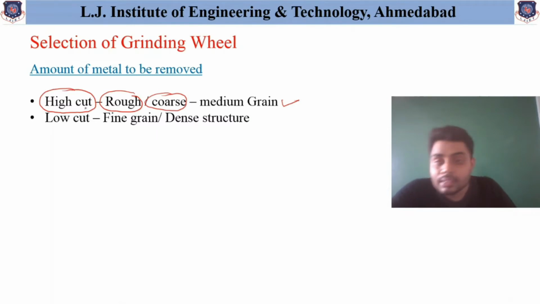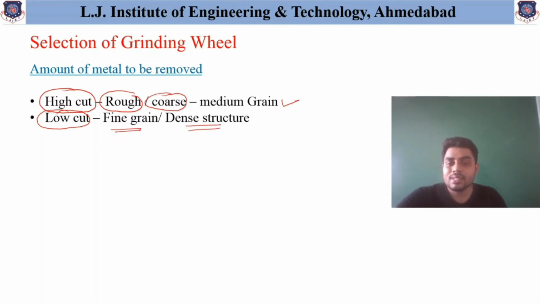And if the material removal required is less, that means a lower cut is required, then very small size particles are used, called fine grain, and the structure used is dense. These are the basic standard uses of the different types of grains and structures, which depend on the specific application.